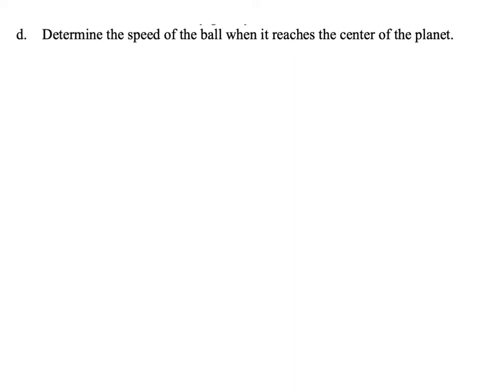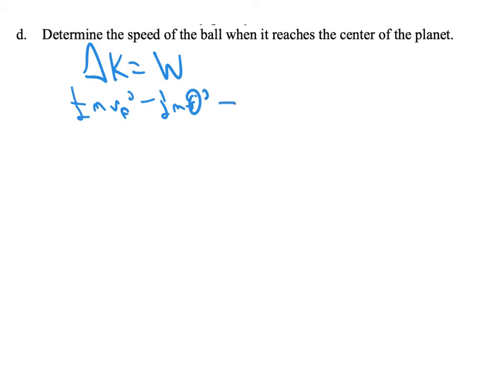Determine the speed of the ball when it reaches the center of the planet. We could do this through the work-energy theorem, which tells us that delta K is the work done. So 1/2 m v_f squared minus 1/2 m v initial squared, which was 0, equals the work done, which is 1/2 C R squared.